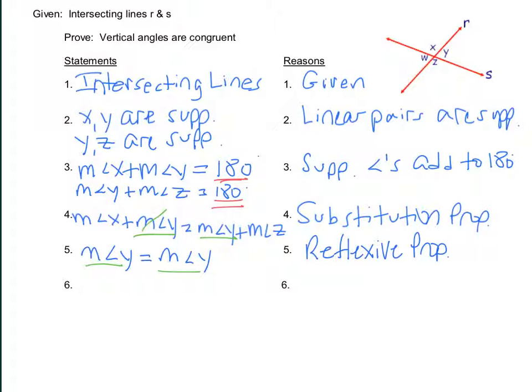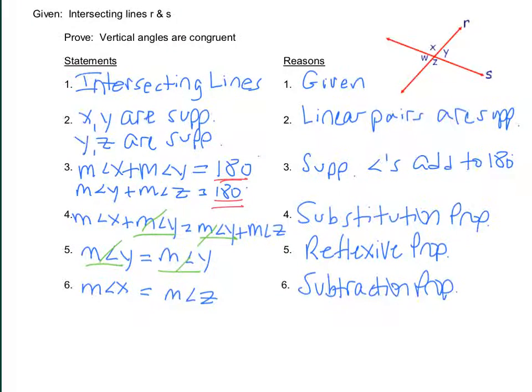Now consider them being subtracted out, leaving us with the measure of angle x is equal to the measure of angle z by subtraction property. And we've done it. We've just proven that x and z, which happen to be vertical angles, are congruent. There you go. We'll go on to the next proof, but if you need a break, take one and then come back to the next page.